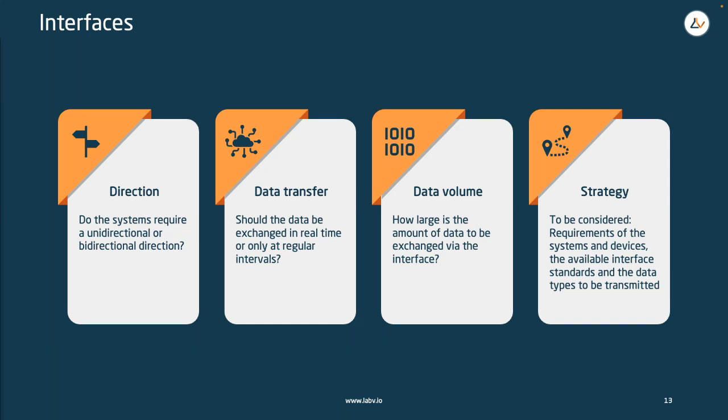And finally, what is your strategy? An interface strategy refers to how you plan and implement your interface solution. And a successful strategy, in our opinion, should take into account various factors, for example, the requirements of systems and devices, but also available standards and types of data to be transferred.